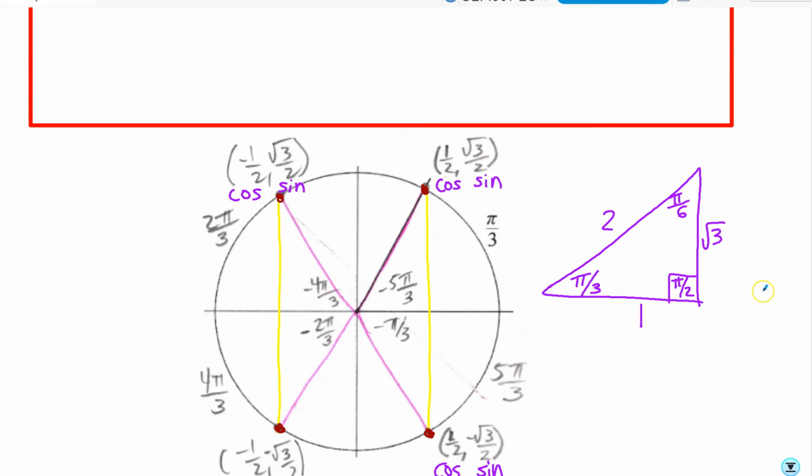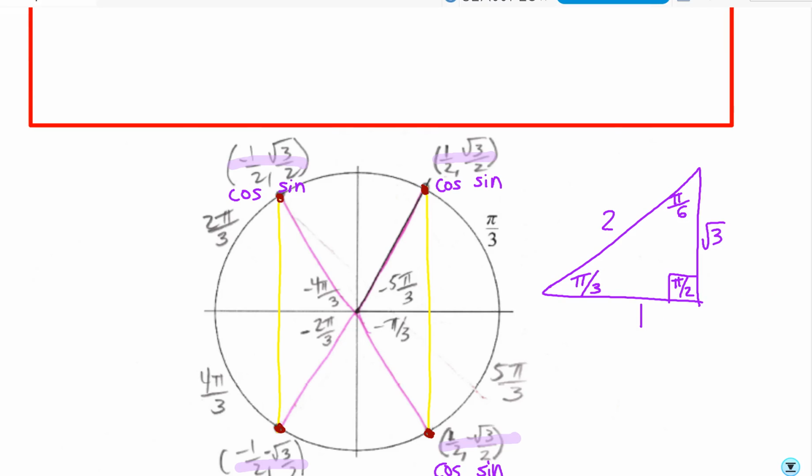In which case, our 1 and our square root of 3 change places, and notice what that does to our coordinates. The 1/2 and the square root of 3 over 2, they change places. Because now I'm not doing it from the perspective of 30 degrees or pi over 6. I'm doing it from the perspective of 60 degrees or pi over 3.